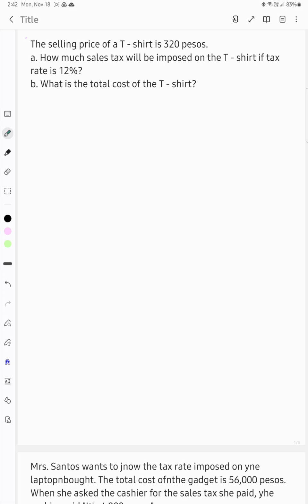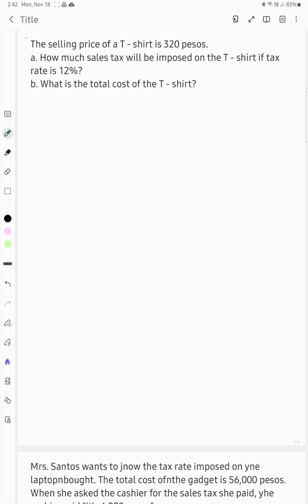Now, when we talk about sales tax, it's like the basic formula where interest is equal to principal amount times rate times time. However, let's contextualize this in the problem.